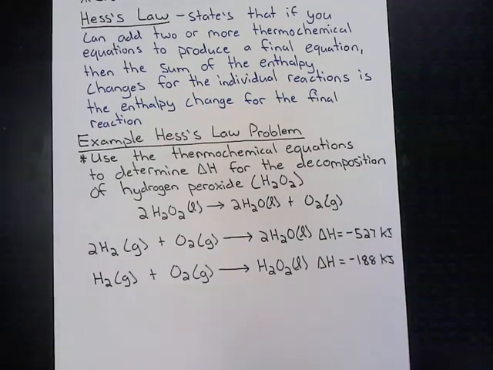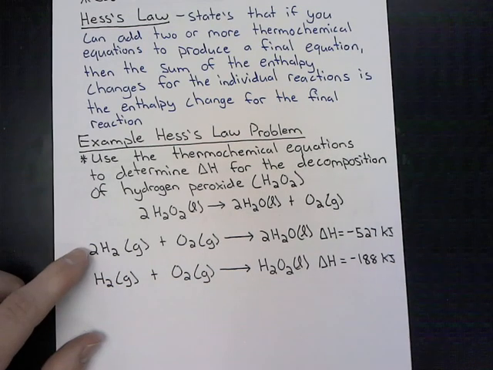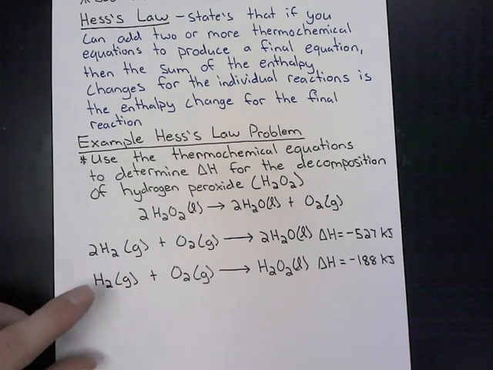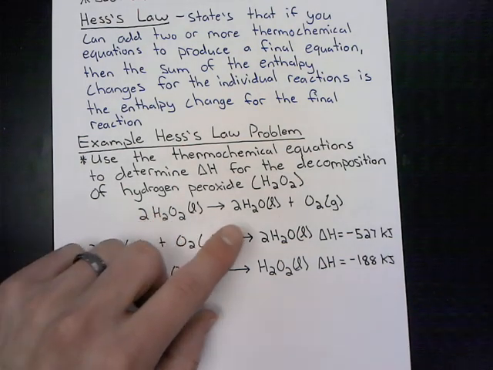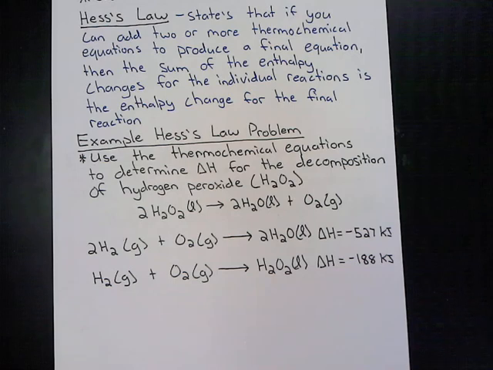So down here it says use the thermochemical equations below to determine the delta H for the decomposition of hydrogen peroxide. Before we get to manipulating these equations, a couple things I want to point out.